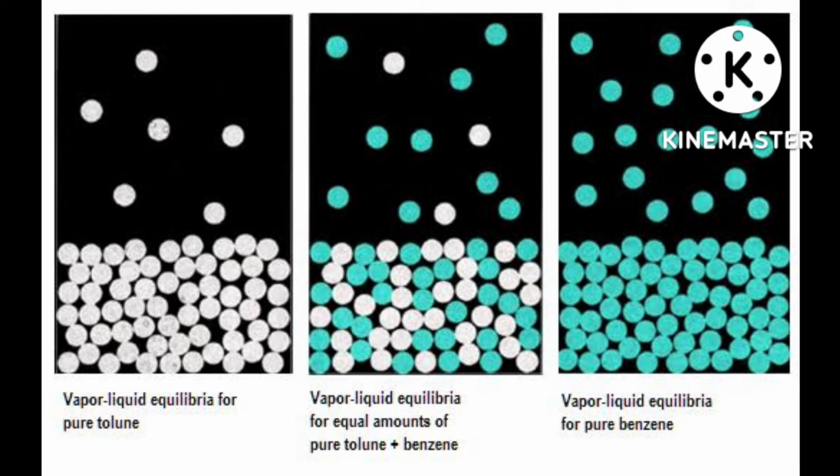The normal boiling point of water is 100 degrees centigrade, meaning 373 Kelvin. Its standard boiling point is 99.6 degrees centigrade, meaning 372.6 Kelvin. In IIT, this type of question is asked.